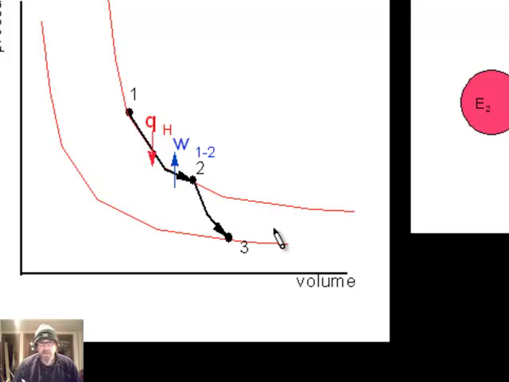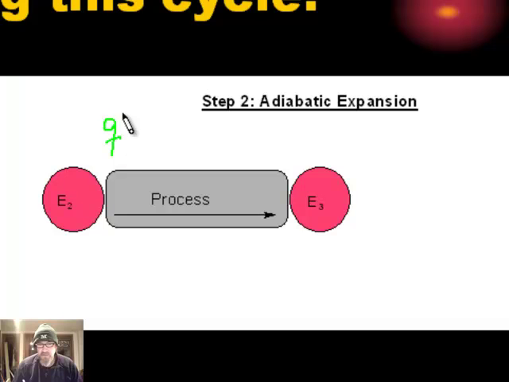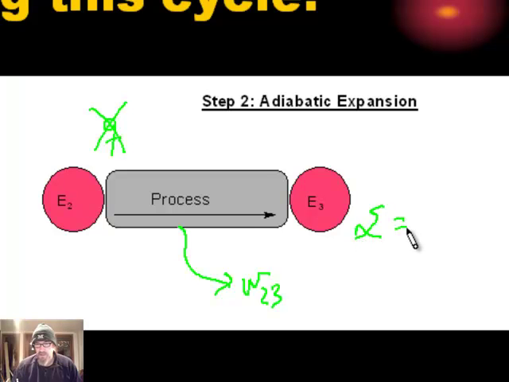Looking at the next step, it was an adiabatic expansion. Adiabatic expansions, by definition, have no energy flow through heat. However, this is an expansion, so there is a loss by the system in work. We're going to call this work 2, 3, because it's the work from step 2 to step 3. So that means the change in energy is equal to the work done, work 2, 3.